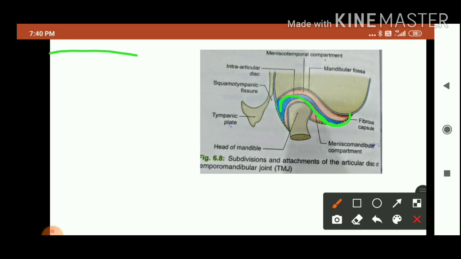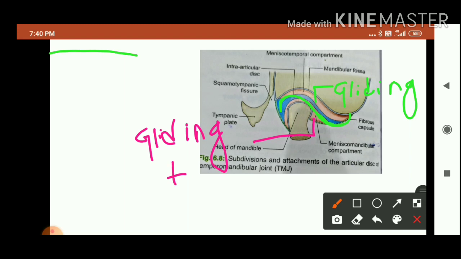The upper compartment permits gliding movement. On the other hand, the lower compartment permits gliding and, most importantly, rotatory movement.